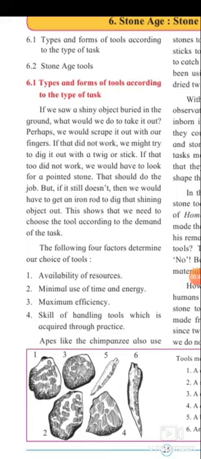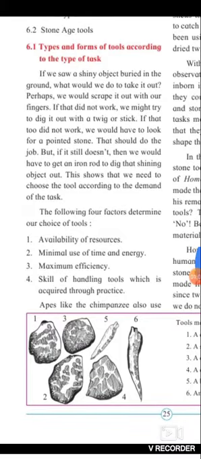If that too did not work, we would have to look for a pointed stone that should do the job. But if it still doesn't, then we would have to get an iron rod to dig that shining object out. This shows that we need to choose the tool according to the demand of the task.